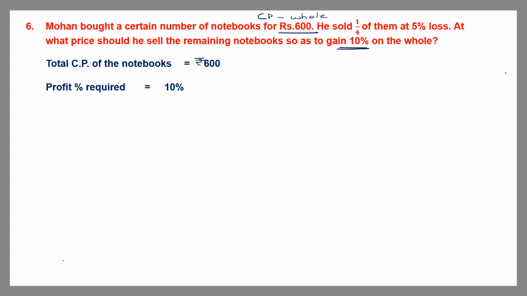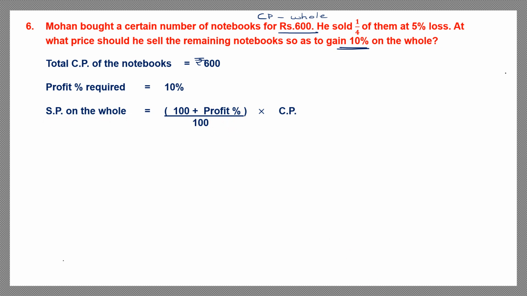He wants to gain a profit of 10%. So profit required is 10%. So the selling price on the whole, here we're talking about selling price on the whole because we are taking total cost price or cost price of all the notebooks. So total cost price and total selling price is what we are going to first find out.